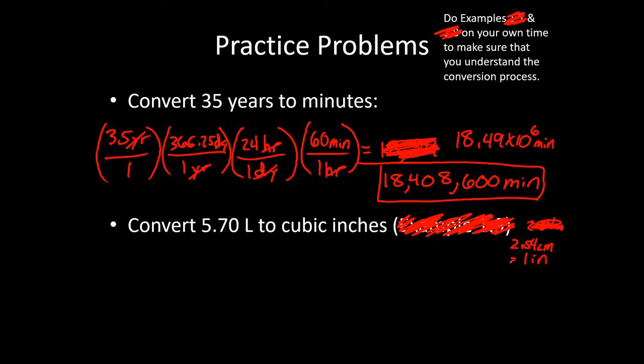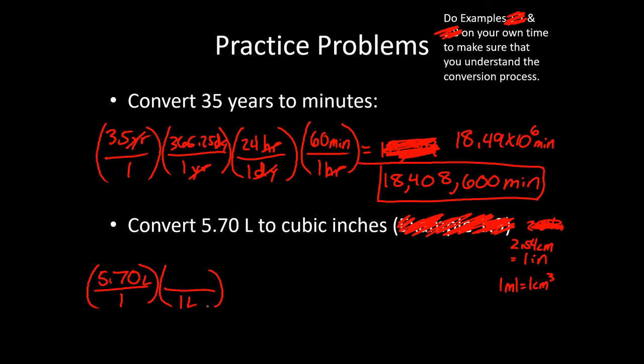That's going to be our key here, but we also need to realize that 1 milliliter is the same as 1 centimeter cubed. So you would have had to work that out as well. So if we go ahead and solve this, we have 5.70 liters. We need to convert this to centimeters cubed so that we can get to the inches here, because that's our connection there.